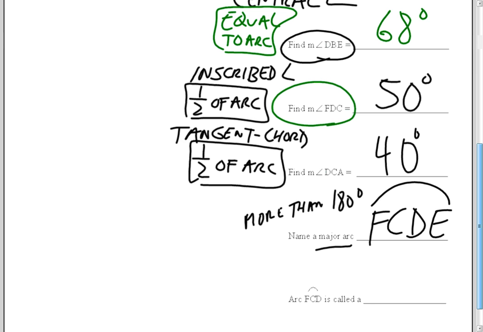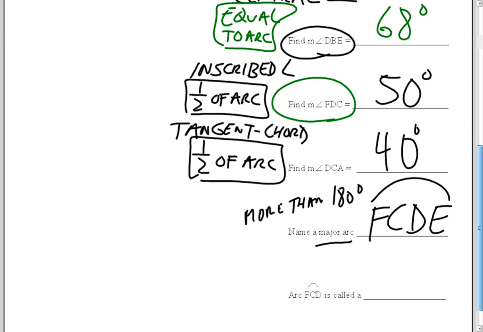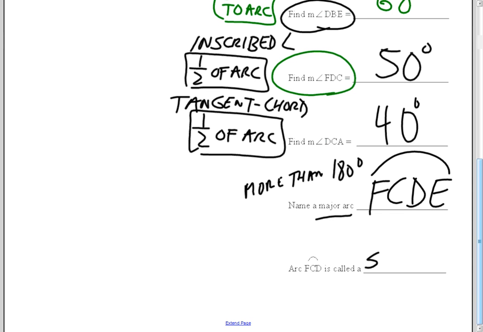And I just give a big arc symbol above it. Just make sure that you are going on the perimeter of the circle, the circumference of the circle, in one direction or another, clockwise or counterclockwise. And if you see a half circle, usually it'll be referred to as a semicircle.